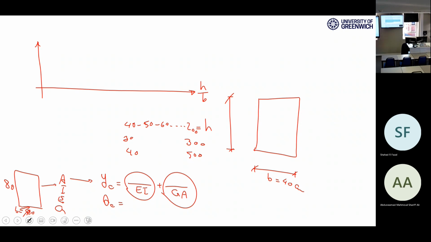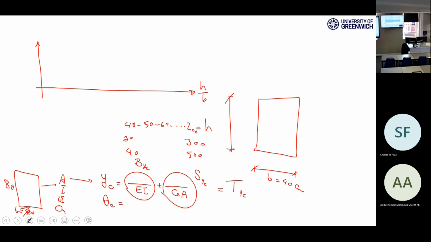So what can I do? For this case, 40 by 80, I will use Castigliano's theorem or virtual work, and come up with YC and theta C. For example, for YC, this is the shear part for YC, this is the bending part for YC, and this is the total for YC.